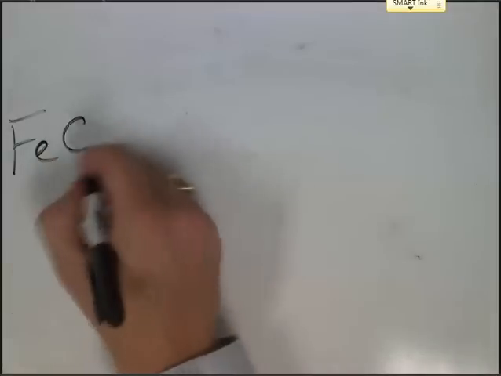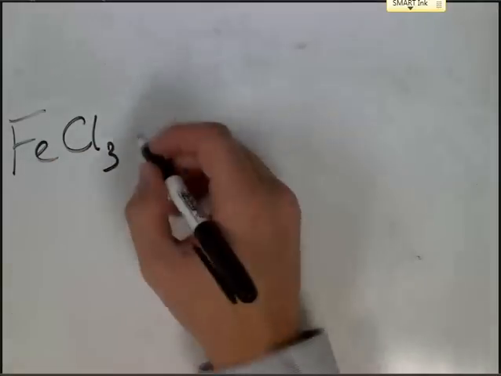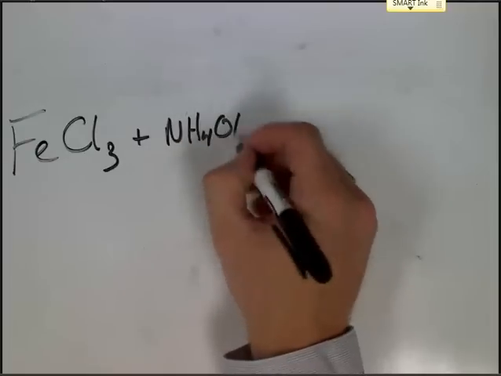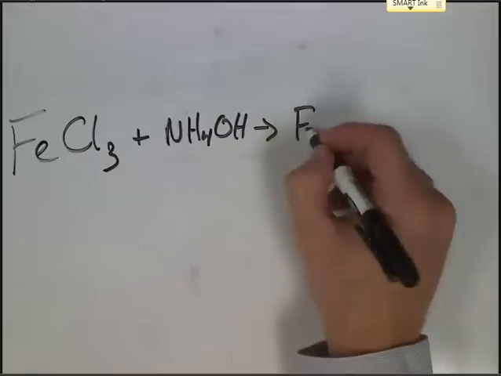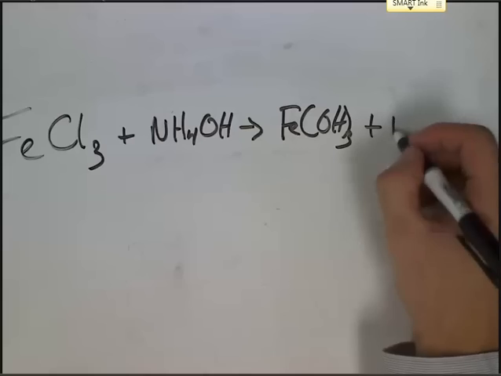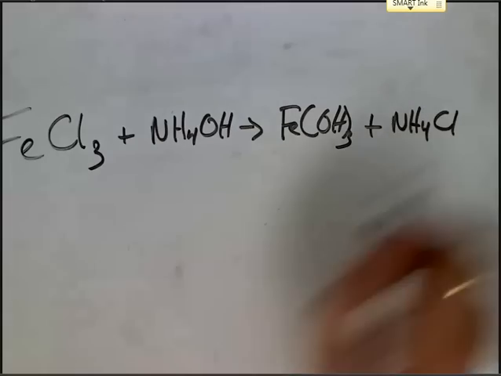When you get to the polyatomics, the drawing gets to be a little bit tedious, so this is more when we tend to work on just math and looking at the number of atoms on each side. So, iron 3 chloride plus ammonium hydroxide gives you iron 3 hydroxide plus ammonium chloride again.